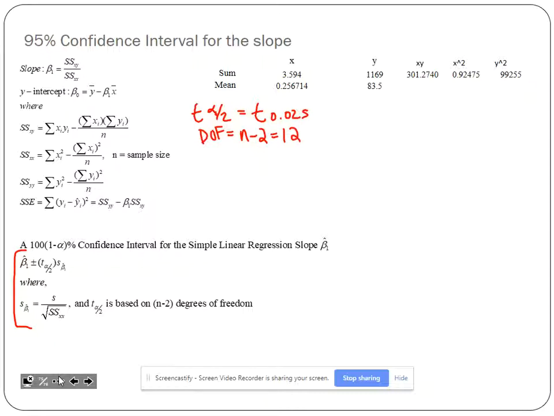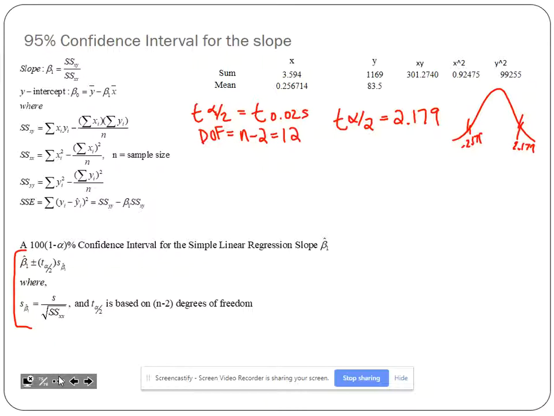Using table 3 for t of 0.025, degrees of freedom of 12, I found, using that table, 2.179 is going to be our critical value. So 2.179.